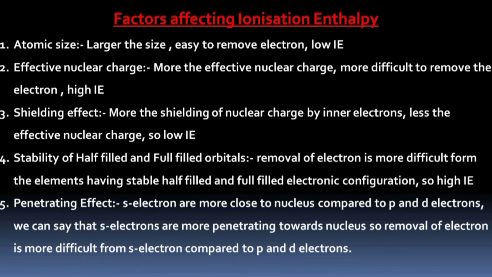The s electrons are closer to the nucleus as compared to the p and d electrons. So s electrons are more penetrating towards the nucleus, and removal is more difficult from s electrons as compared to p and d electrons.